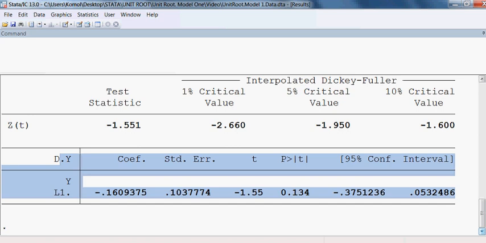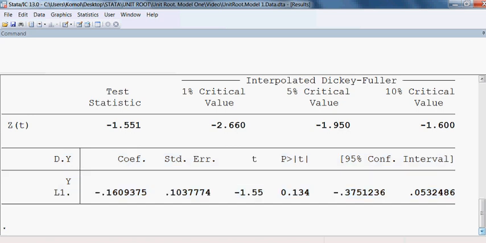Here you can see this model has no trend, no intercept. But make sure the coefficient of this L1 should be negative, and it is negative here, right? So the model is valid.